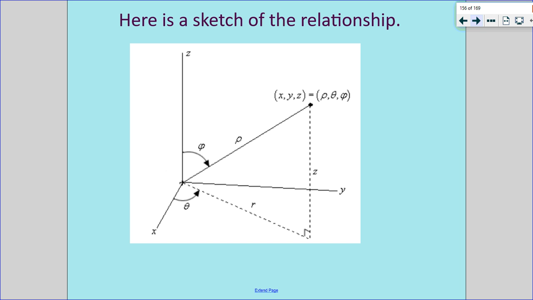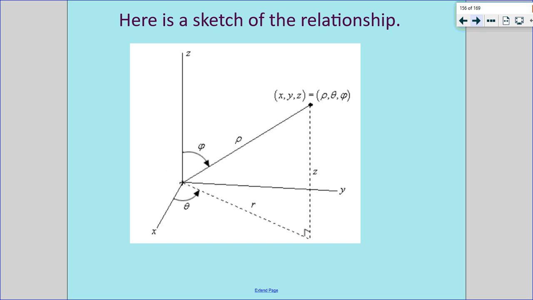Yes, and so phi is going to only need to range between 0 and pi. 0 means it's on the positive z-axis. Pi means it's on the negative z-axis. So from where you are on the xy plane, you could be at 0, and that means you're on the positive z, or you can be at pi, and that means you're on the negative z-axis.